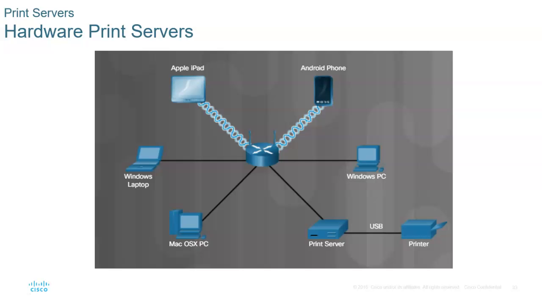Again, you have that connectivity capability. It can help manage the network printing. You can see up here we've got the Apple iPad. Apple uses what's called Airport Extreme. That's their hardware print server. A hardware print server is always available to users, unlike a printer shared from a user's computer.